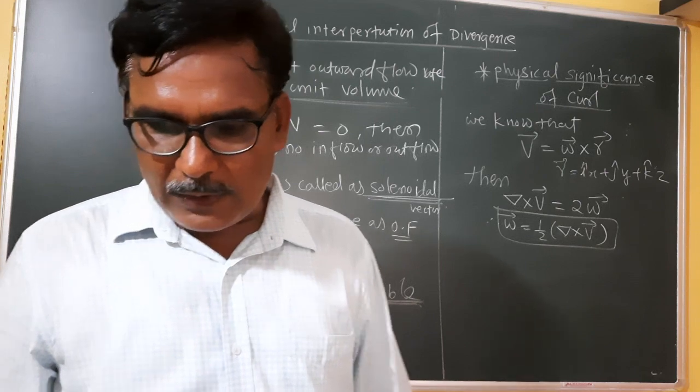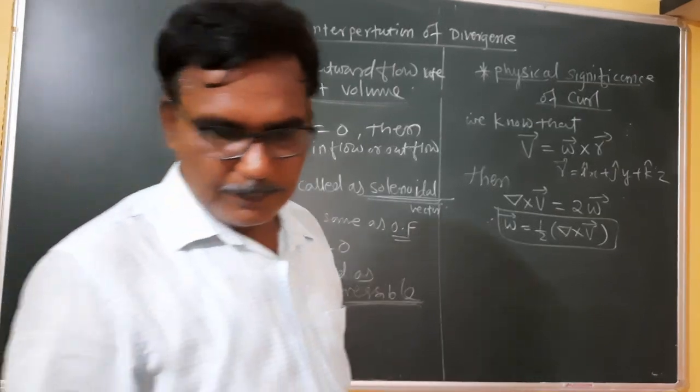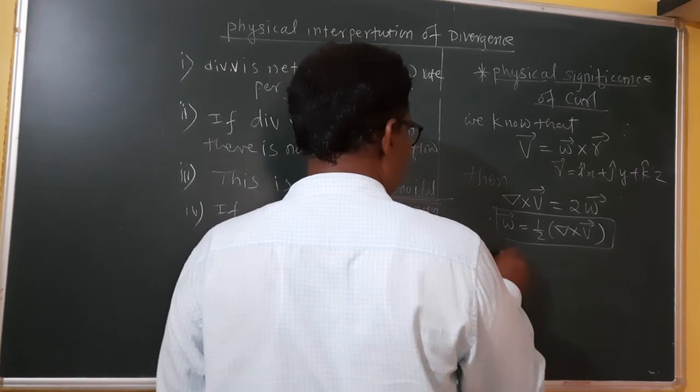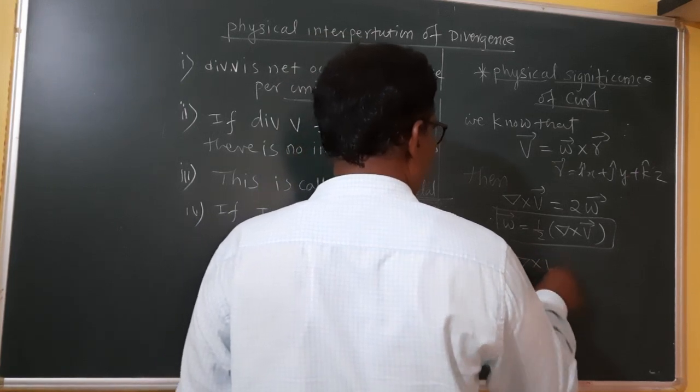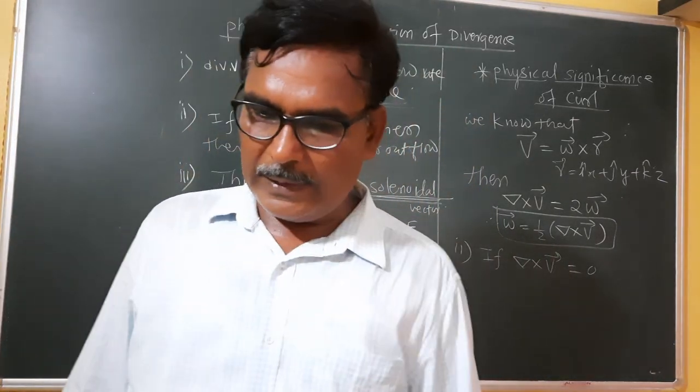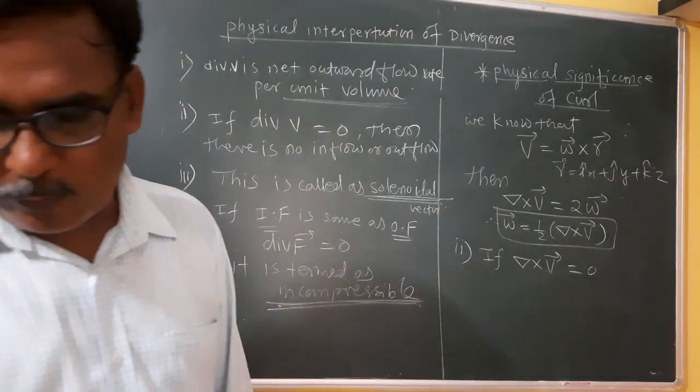If the curl of the velocity vector is 0, the motion is said to be irrotational.